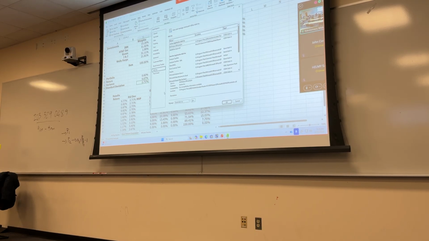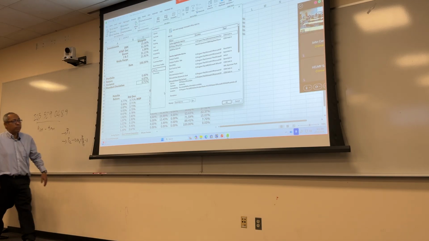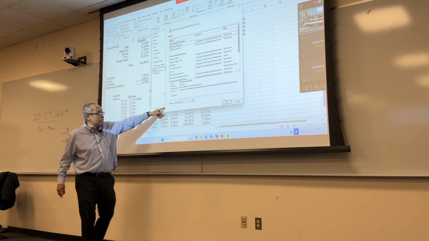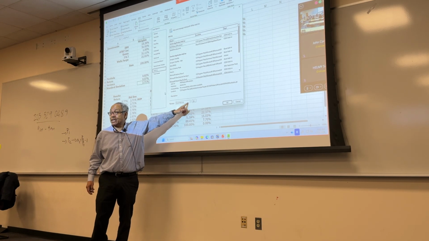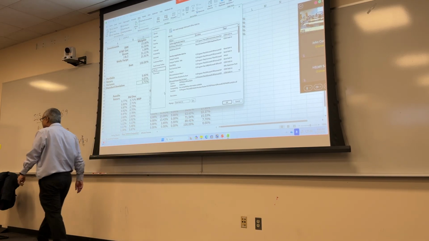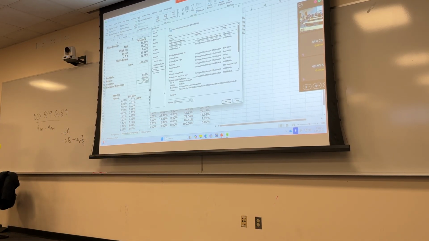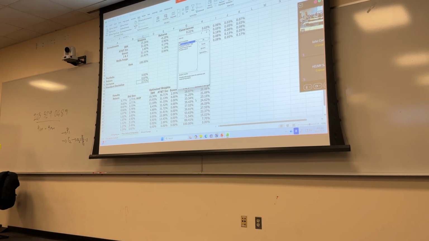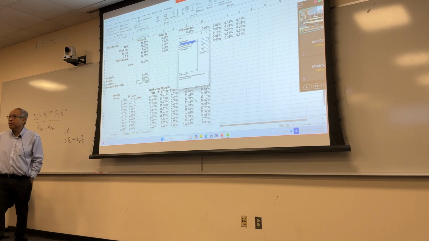And now, at the bottom you see Manage Excel Add-ins, right? So let's click on Go. And what do you guys see? Another pop-up menu.